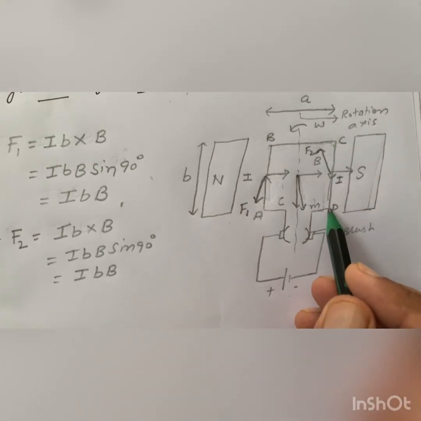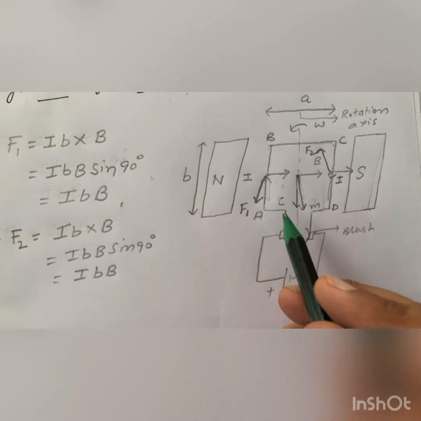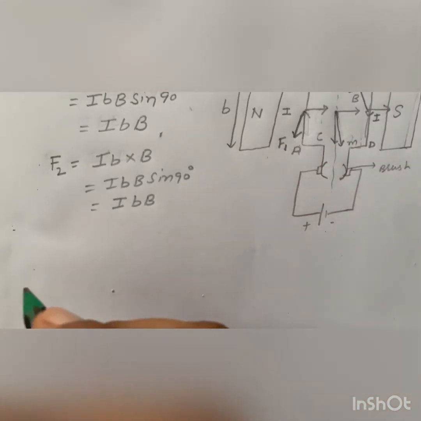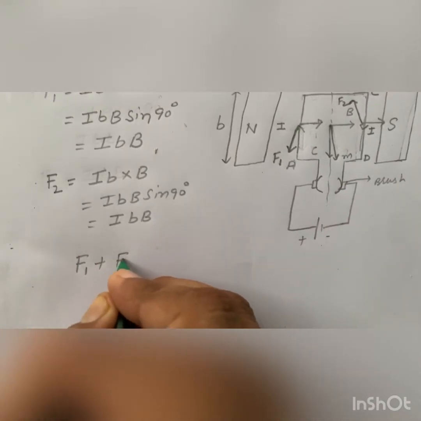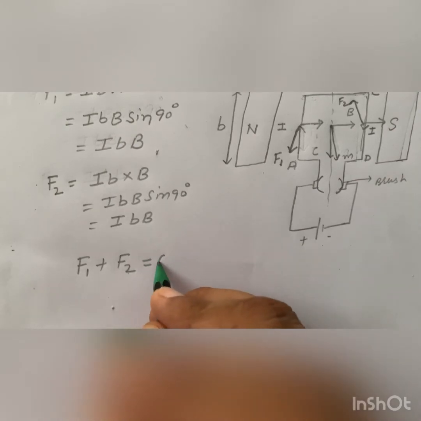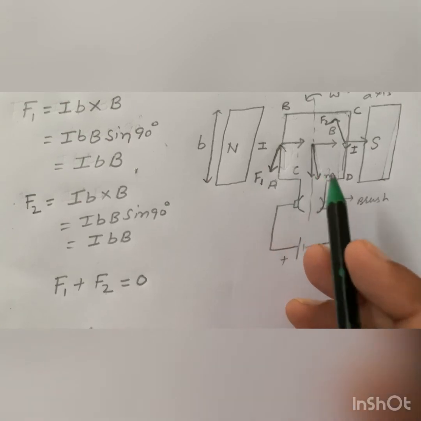Similarly, in the conductor DA there is no force acting. The net force acting on the coil is F1 plus F2. As the magnitudes of these forces are equal but they are in opposite directions, the net force acting on the coil is 0.